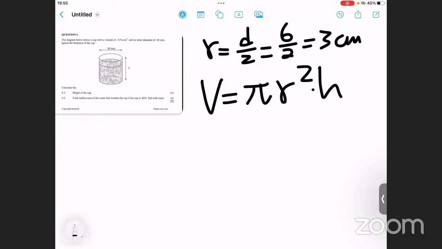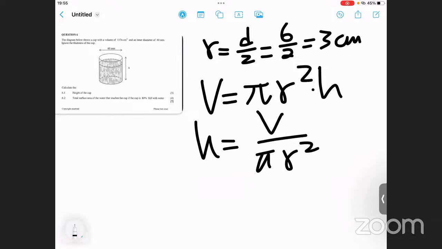I rearranged the formula to solve for h. By doing that, I divided the volume by pi r squared on both sides. So meaning you are having h, you just tell me if I'm representing you correctly there.